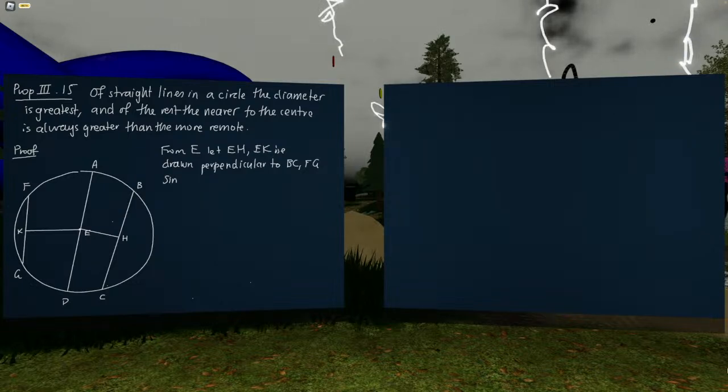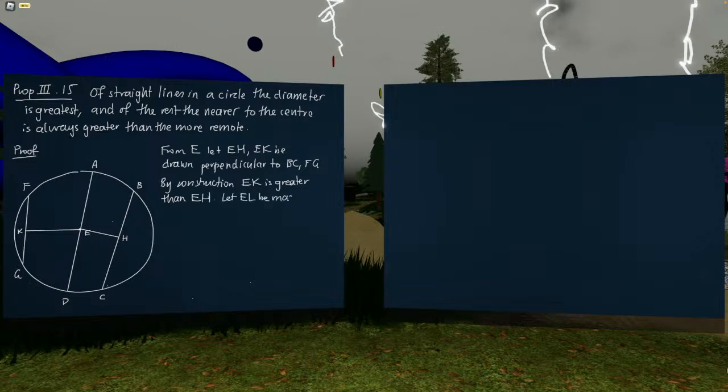I'll just state the conclusion. By hypothesis, EK is greater than EH. Let EL be made equal to EH. So EK is greater than EH, so we can cut out from it the same length. So EL is equal to EH.